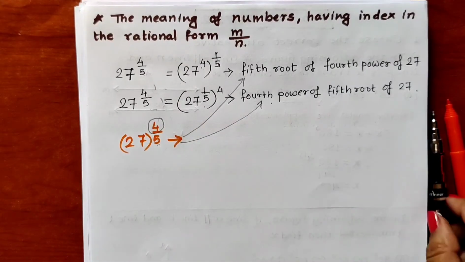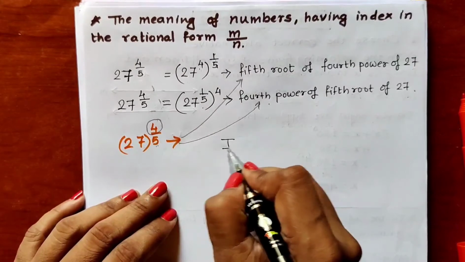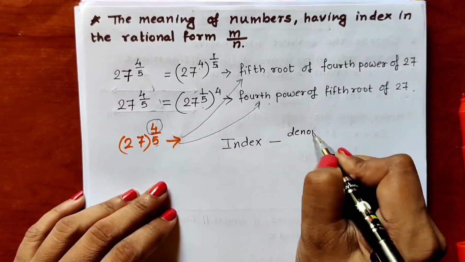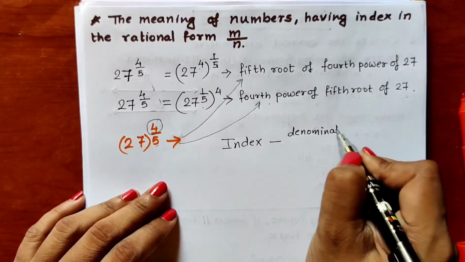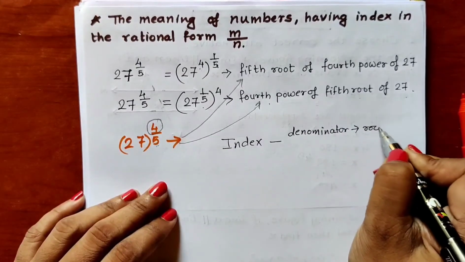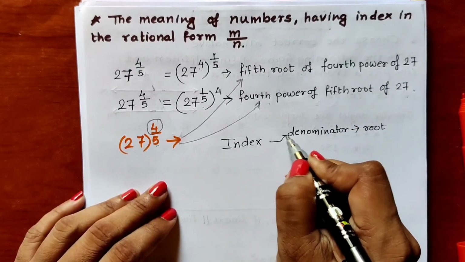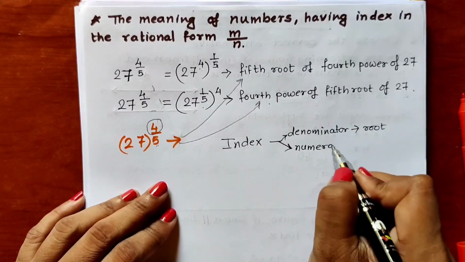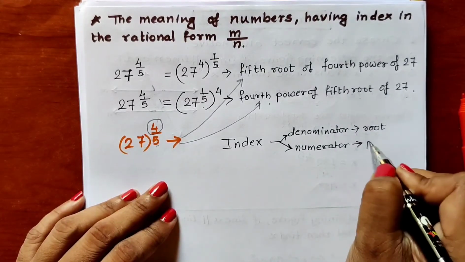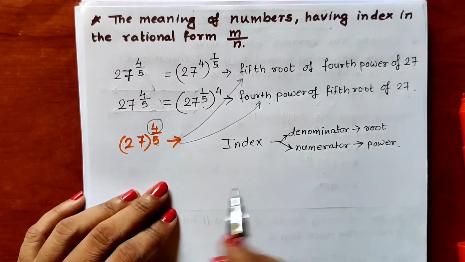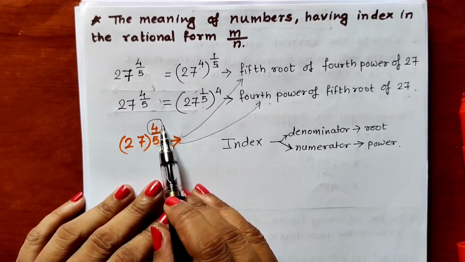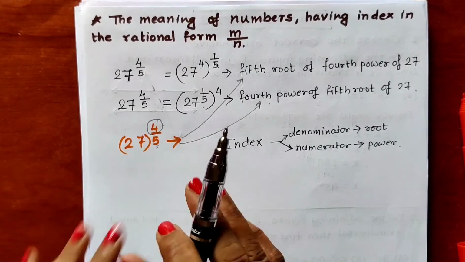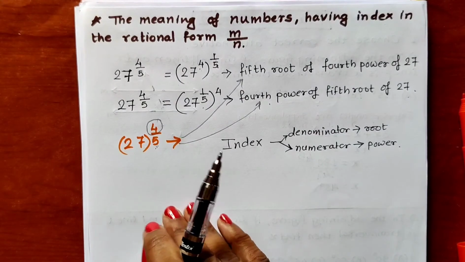So the number in the denominator of the index means root, and the numerator means power. So the numerator is the power, fourth power, and the denominator is the root, fifth root. In this way we have to write the meaning of the numbers.